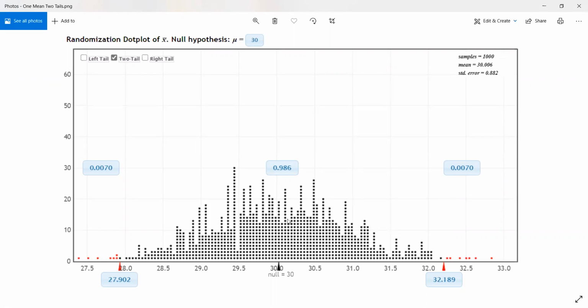One way you could figure out the p-value is just take 1 minus the number in the middle here. But this number plus this number, 0.014, you have to remember to do that for a two-tail test, all right? That's why I'm showing this to you first. You need to remember to do that one.